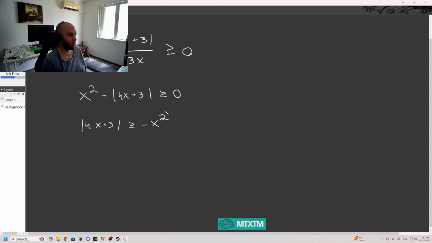First of all, we're just going to write the same without the absolute value. 4x plus 3 is greater or equal to minus x squared. This is number one. And number two will be in yellow: 4x plus 3 is smaller or equal than x squared.